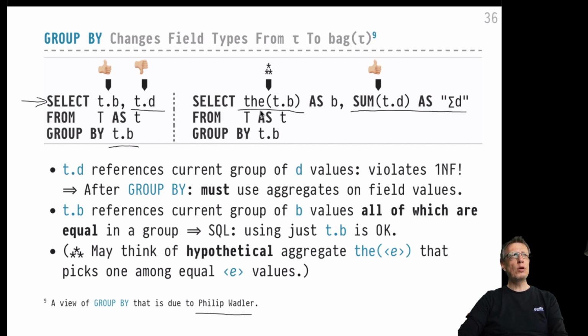So I'm a big friend of thinking about aggregation like this, reducing bags of values to single values, and we could do the same with the grouping criterion, and this pseudo aggregate function, as called by Phil Wadler, could do the job here. As I told you, we don't need to write it here. Just specifying TB is already a thumbs up for SQL.